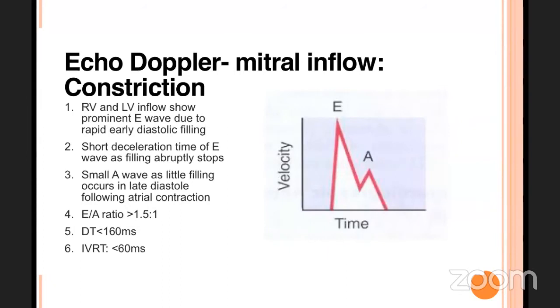If the ventricular muscle is thick, it is more likely to be restrictive cardiomyopathy. If the ventricular wall is normal in size, it can still be restrictive cardiomyopathy, or it can be constrictive pericarditis. So 2D echo has some important information.